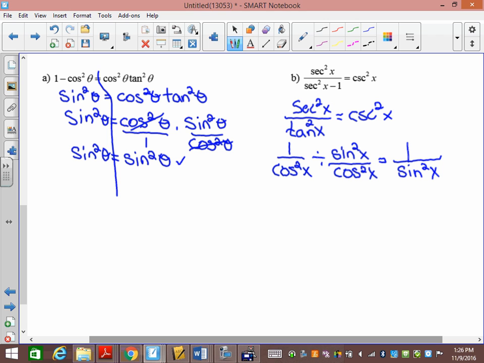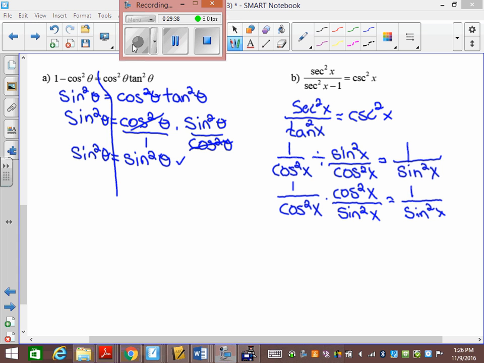So I literally just wrote secant squared x divided by tan squared x, but then I replaced secant squared x as 1 over cos squared, and I replaced tan squared with sine squared over cos squared. So I'm going to get 1 over cos squared x times cos squared x over sine squared x. All right.